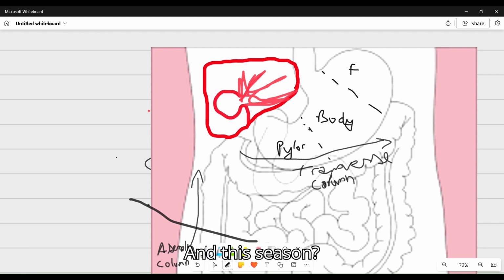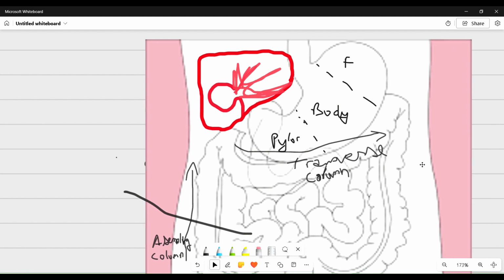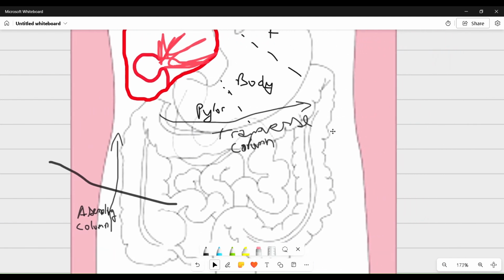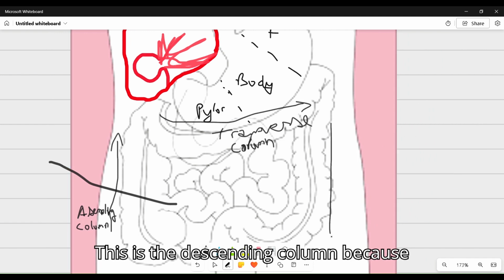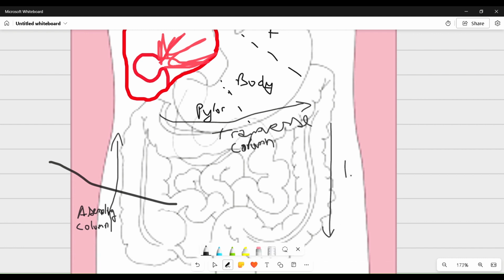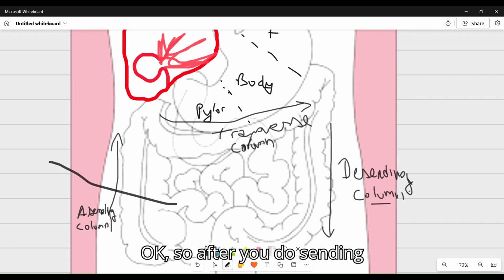And this region where the food is going downward is the descending column, because this part is descending downwards. Okay.